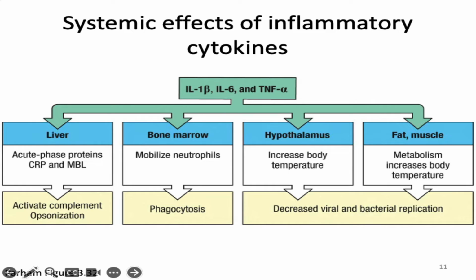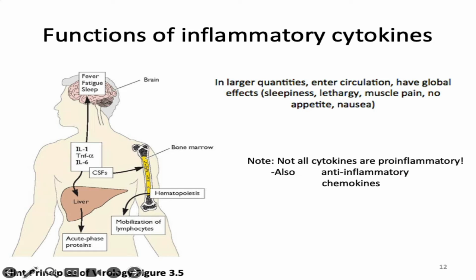And so if you make a lot of inflammatory cytokines and they're going through your body, you are going to have a number of body-wide effects, not just those local effects. And so again, in those larger quantities, you're going to have them entering circulation. They can lead to the acute phase proteins. They can lead to changes in blood cell production.